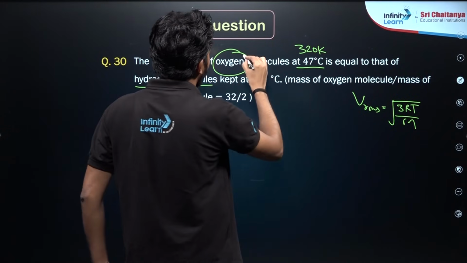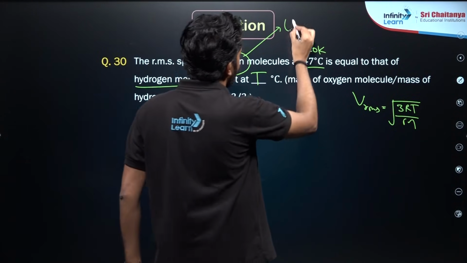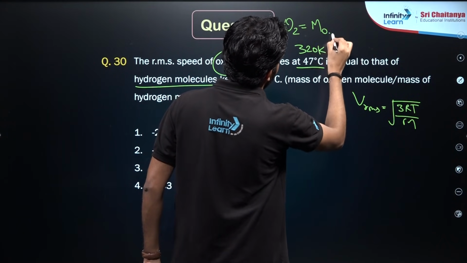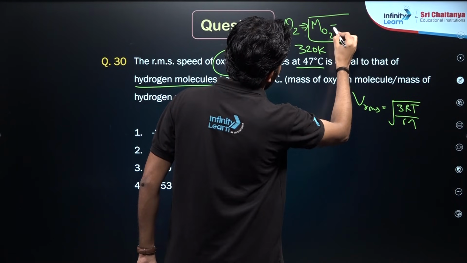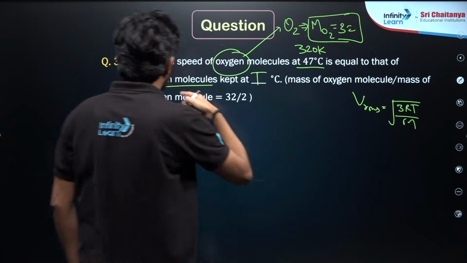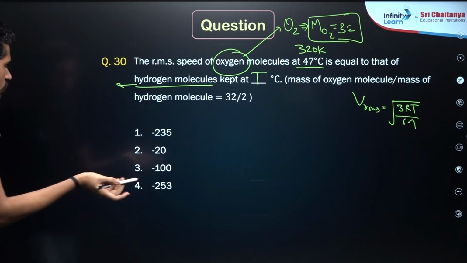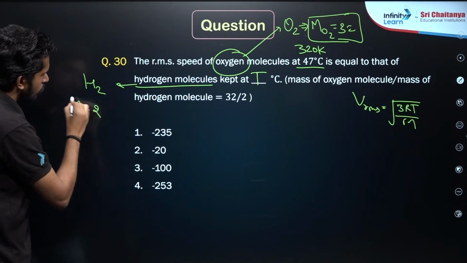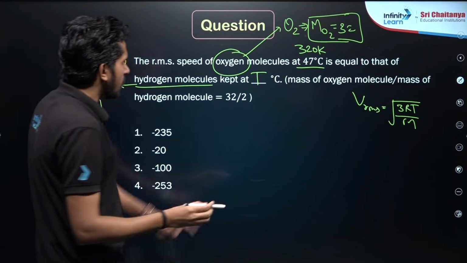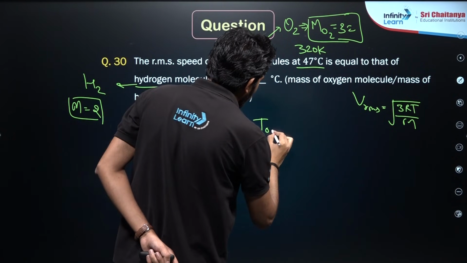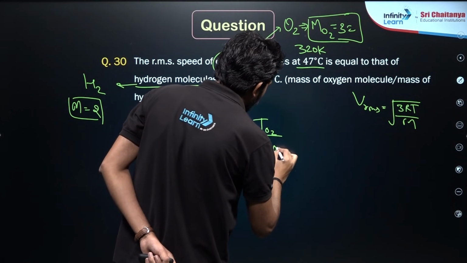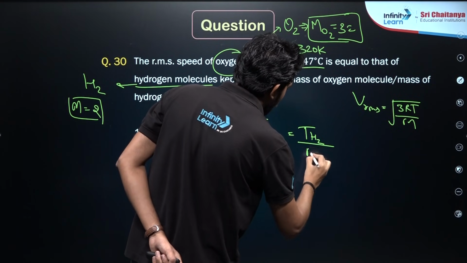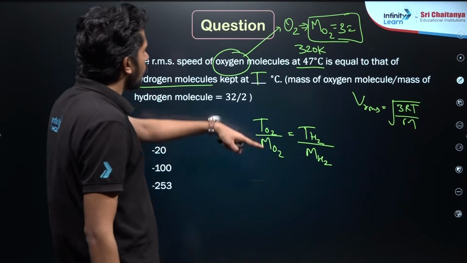So in oxygen molecule, this is a diatomic gas O2, and its molar mass of O2 is 32, and hydrogen is also diatomic, simple, H2. So molar mass of H2 is 2. So I would say that T of O2 upon MO2 equals TH2 upon MH2.